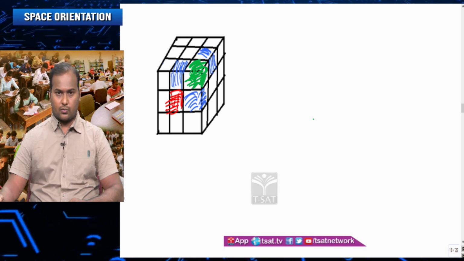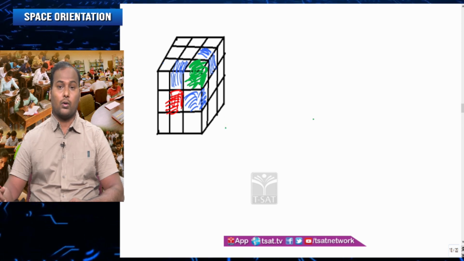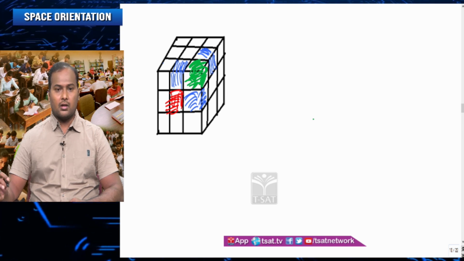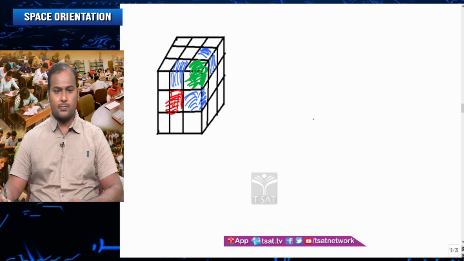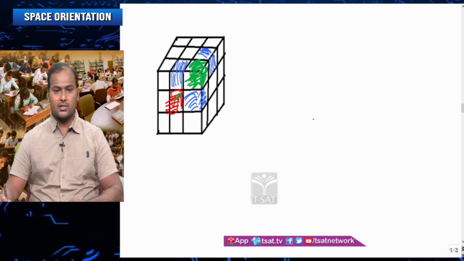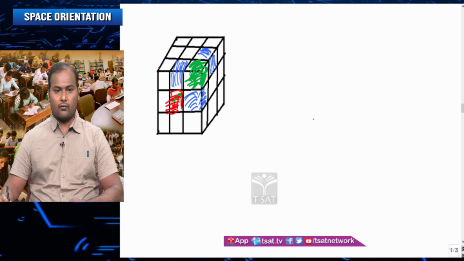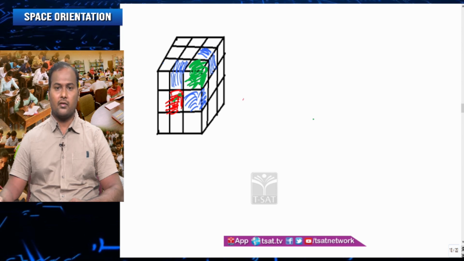Now see the first question I am going to ask based on this. How many cubes have only one side paint? If he is asking that, where is one side paint present? The one side paint is present in the center, always in the center. So for one face, how many? 1. That is in the center. Total how many faces are we having?